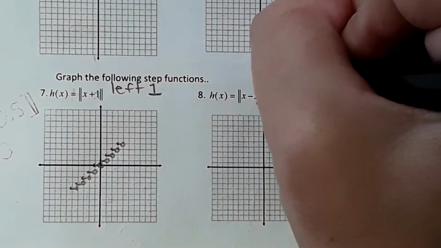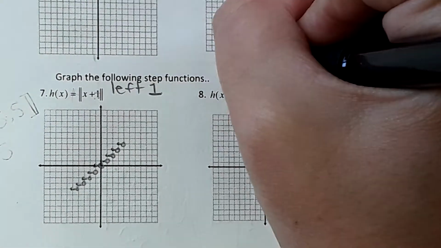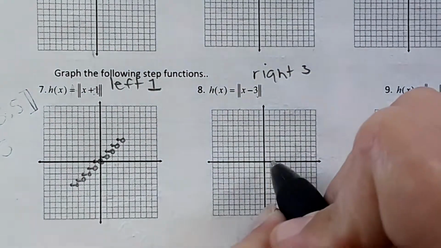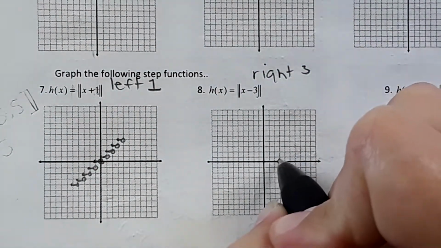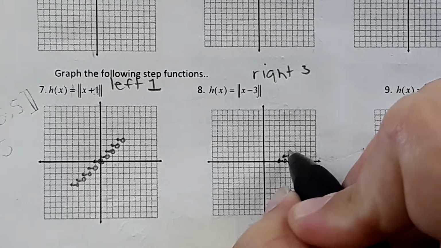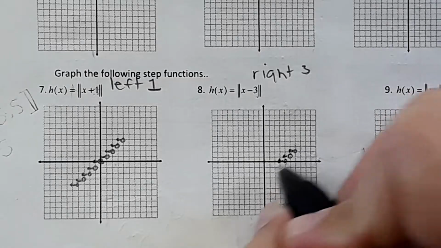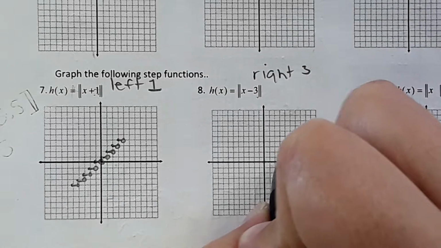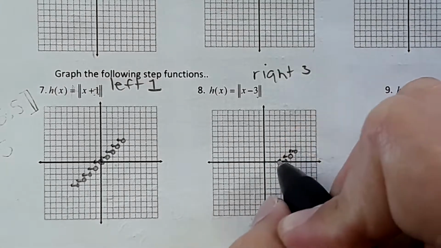Number 8, -3, that means to the right 3. So we're going to start ours, go to the right 3, put your closed dot, and same idea. It's very hard to graph on this little tiny piece of paper. Because, I don't know, step function. The closed dot includes the number before it.